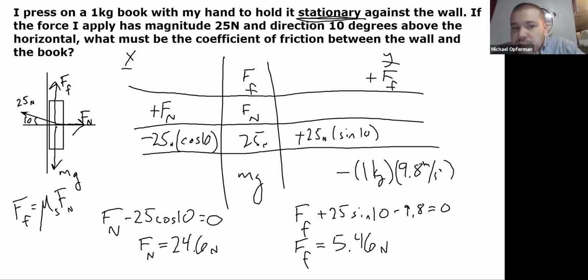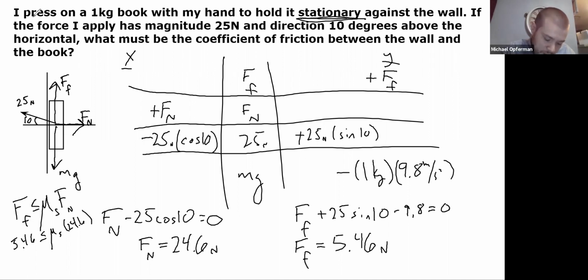But I'm going to assume that it is here, because if you prefer to do this a little bit more pedantically, we could say what I'm really doing is I know that the friction force has to be less than or equal to mu sub s times the normal force. And we're really putting a bound on the coefficient of static friction. So if I plug in my numbers here, I have 5.46 is less than or equal to mu sub s times 24.6.